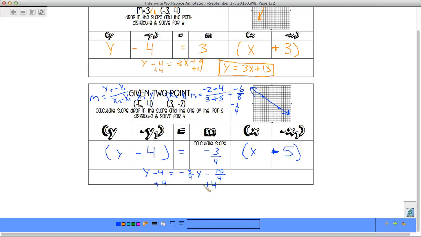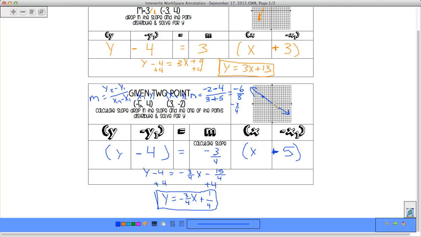So if I take negative 15 over 4, and I'm going to add 4 to it, I get 1/4, or 0.25. And then I'm going to bring everything else down. So there I am. Y equals negative 3/4 x plus 1/4.